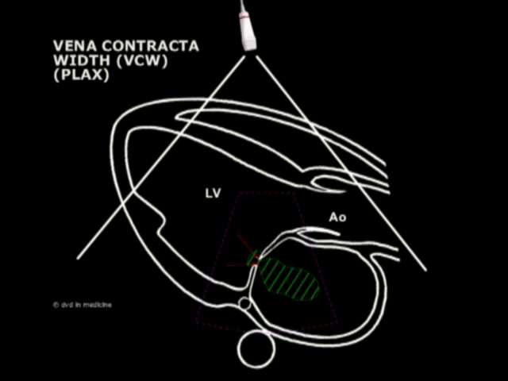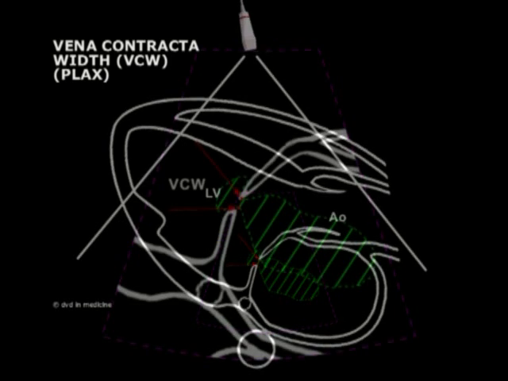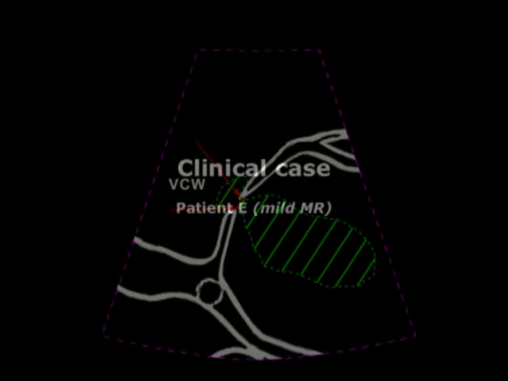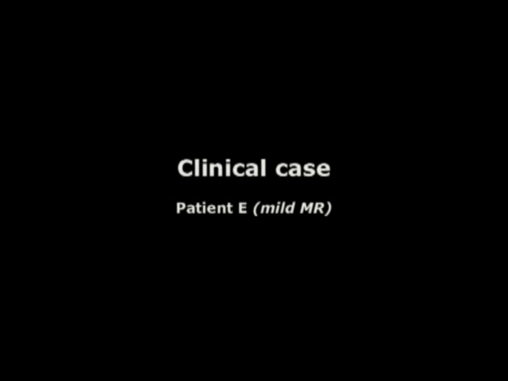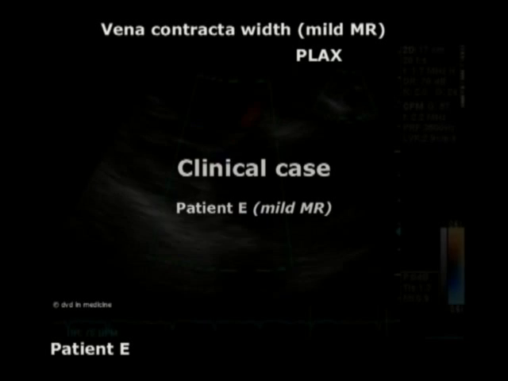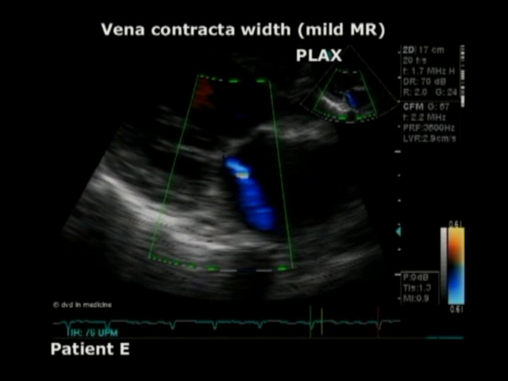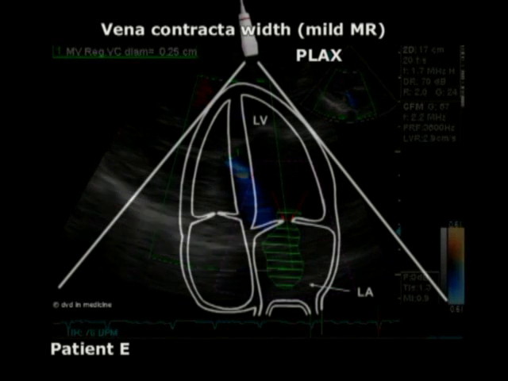The measuring of vena contracta width in parasternal long axis view. Patient E with mild MR. Vena contracta width is 0.25 centimeters.